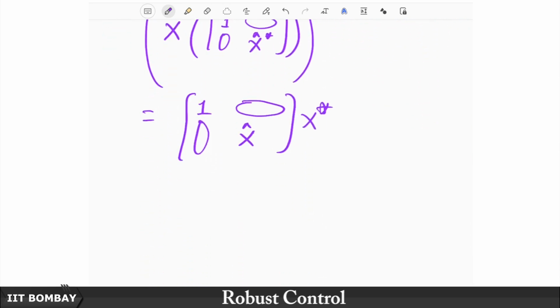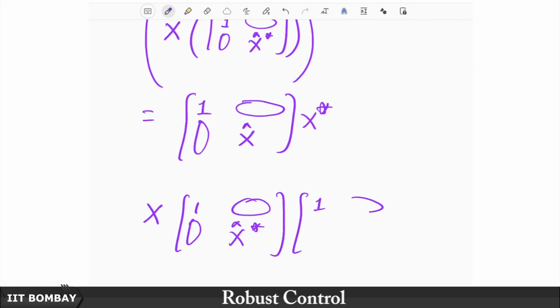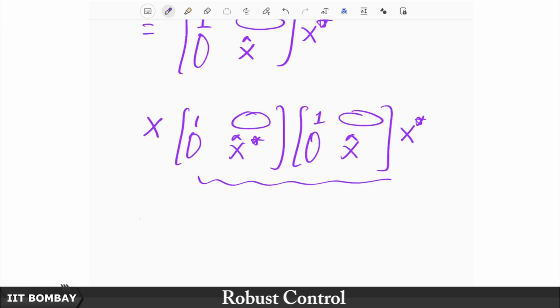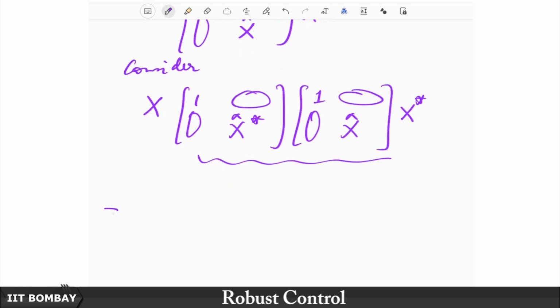So let us try and multiply them. We have x times 1 0 0 x hat star times 1 0 0 x hat times x star. First we do the multiplication between the terms that are inside. So again we multiply, we see that this is 1 0, and this also leads to identity of size q minus 1.